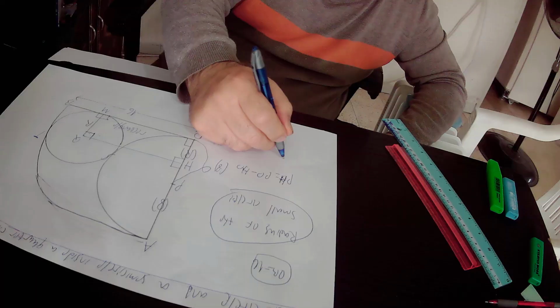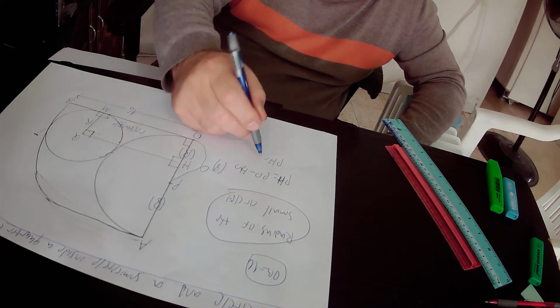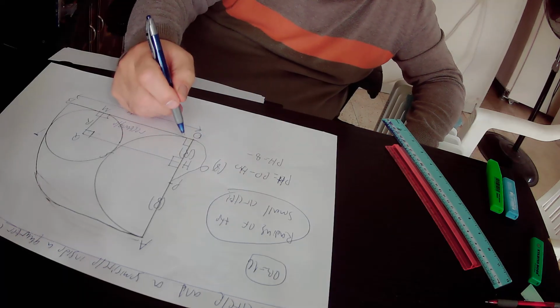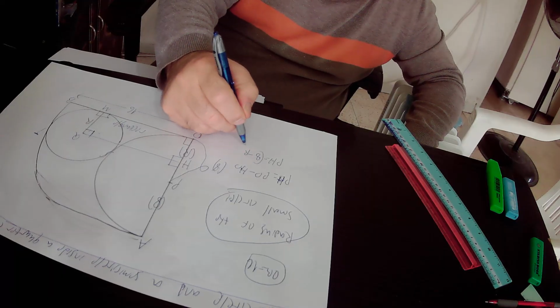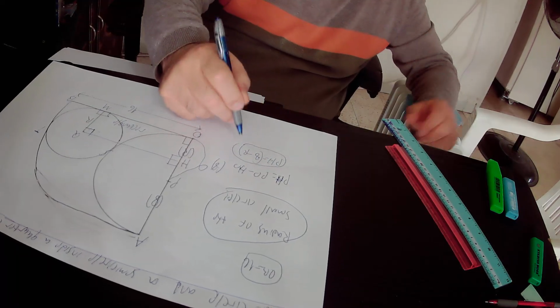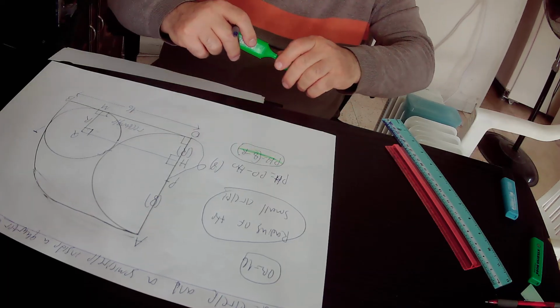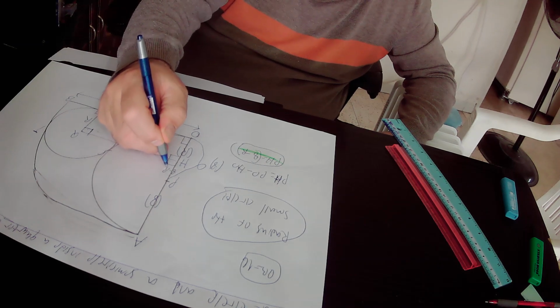So PH equals PO. PO is 8, it is the radius of the semicircle, that is equal to 8 units in its length, minus HO. Just write down for now that HO equals R. So in total, PH equals 8 minus R units in its length.